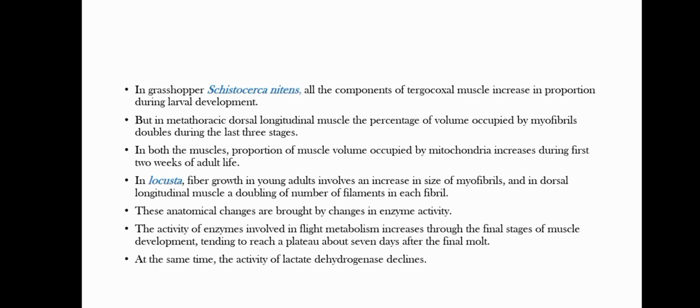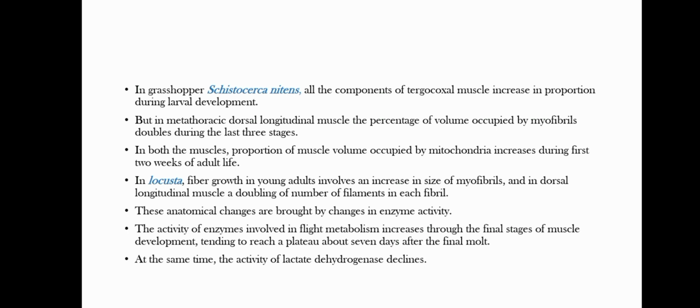In the grasshopper Cystocerca nitens, all the components of the pterygococcal muscles increase in proportion with larval development. But in the metathoracic dorsal longitudinal muscles, the muscle volume occupied by the myofibrils doubles during the last three stages.